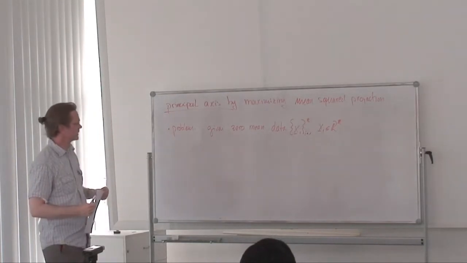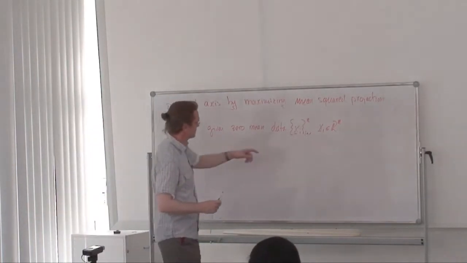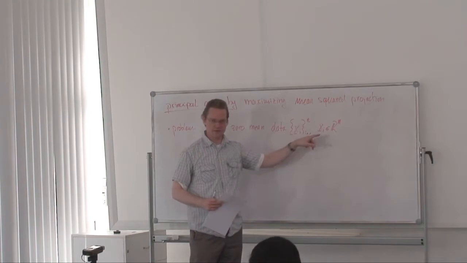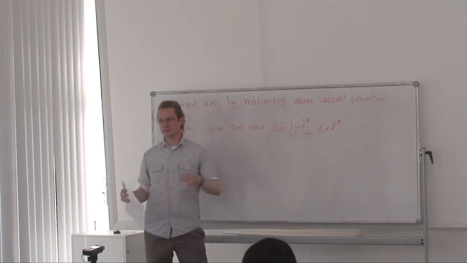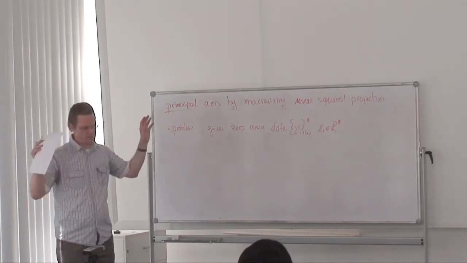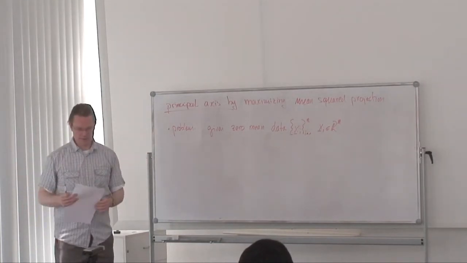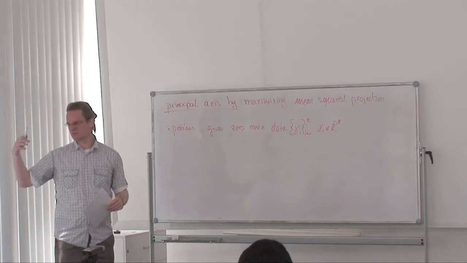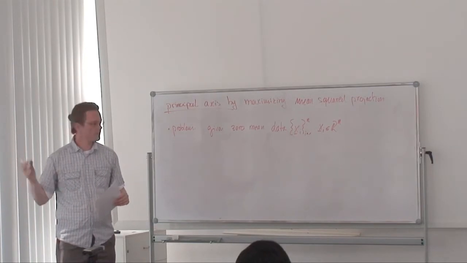Whenever I neglect this syntactic sugar like this, it is implicit that we're talking about lots of vectors in some arbitrarily dimensional vector space, say n-dimensional vector space.